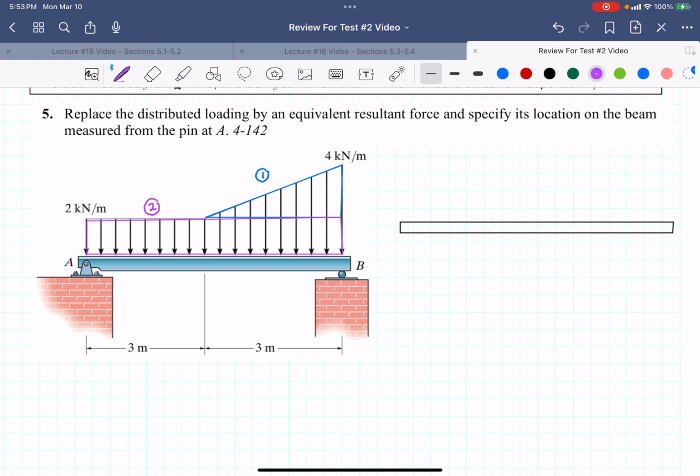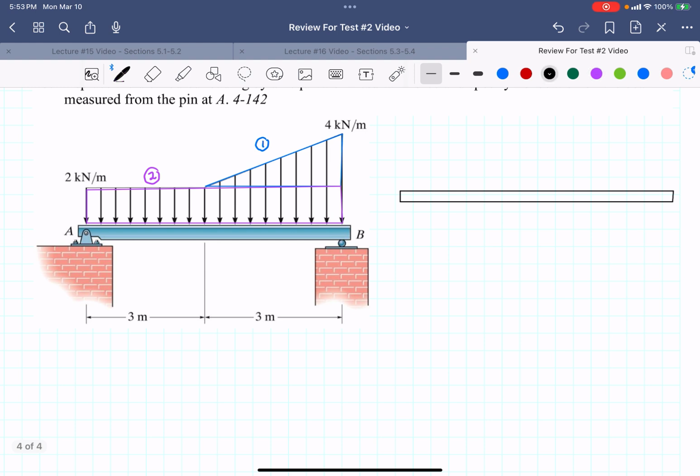So the first thing I'm going to do is calculate the magnitude of the forces that these distributed loadings cause, so that I can figure out how much they are and where they act on the beam. So for number 1, the resultant force is going to be the area of the triangle, which is 1/2 times its base, which is 3 meters, times its height, which is 2 kilonewtons per meter.